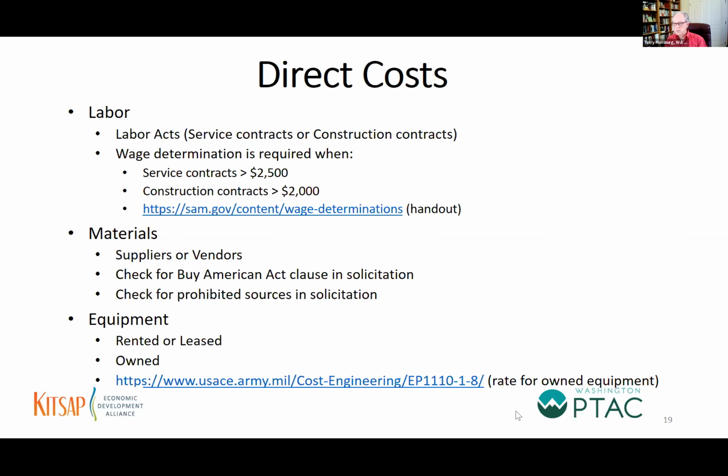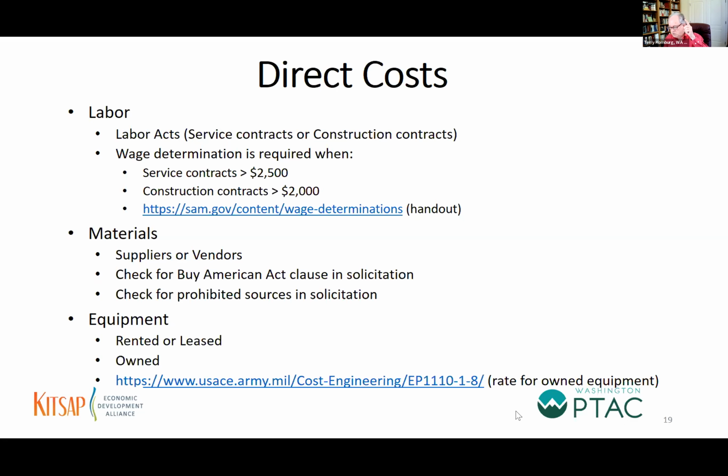But if you own it, you're not going to be using the same rate because you own it. What I've provided here is a website from the Army Corps of Engineers. They have a published manual, EP 1110-1-8, for companies who own their own equipment.